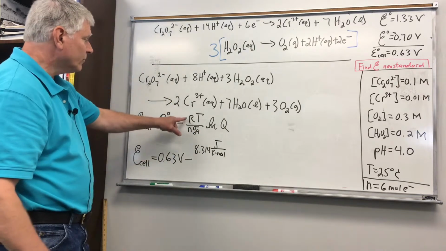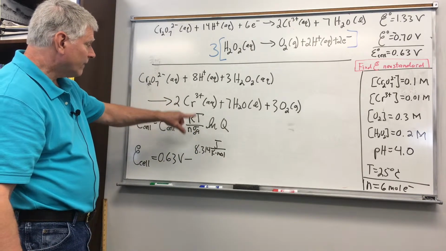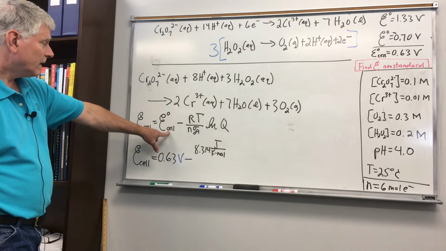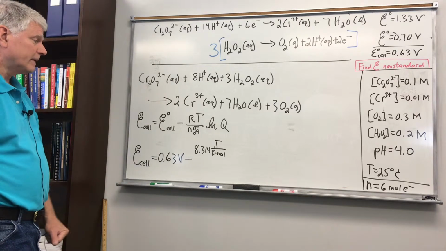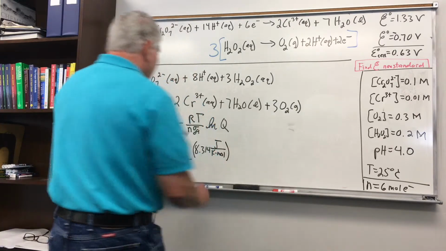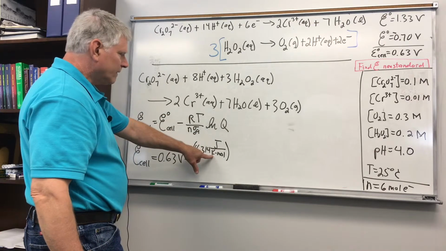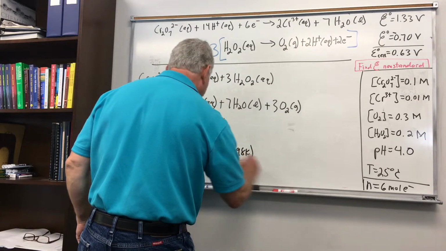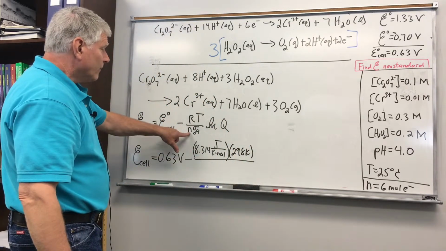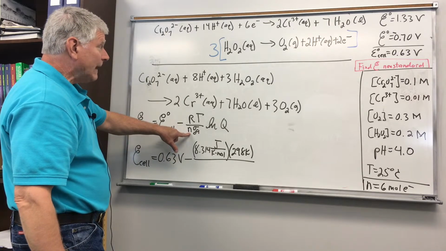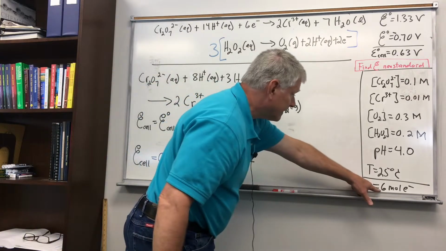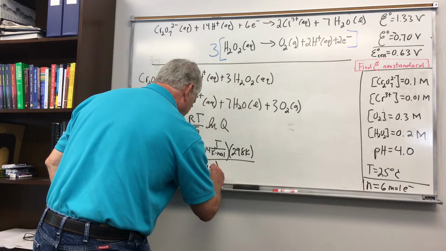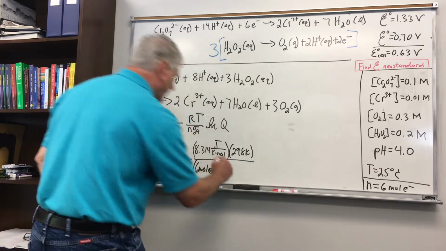Now I'm using R in joules because I'm going to have joules divided by Coulomb, and that will give me volt to go with the volts for the cell potential. Temperature, I'll need in Kelvin, so 298 Kelvin, divided by N. This is the number of moles of electrons transferred in a balanced redox reaction, so that's 6. And Faraday's constant.